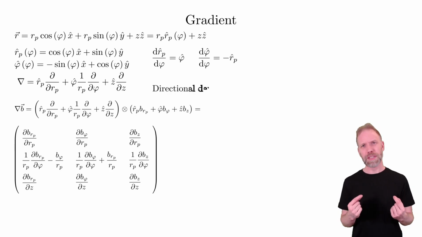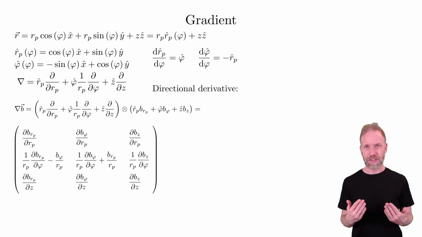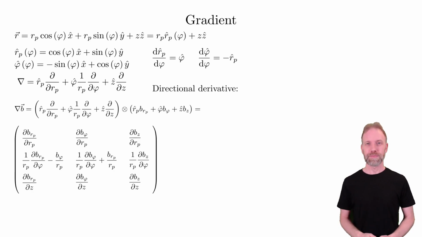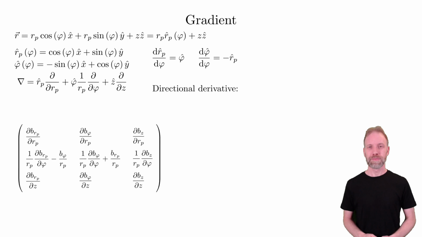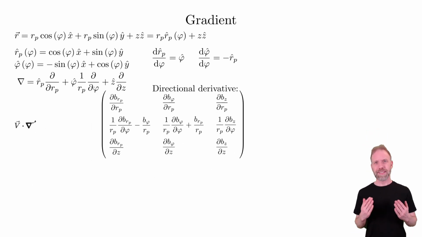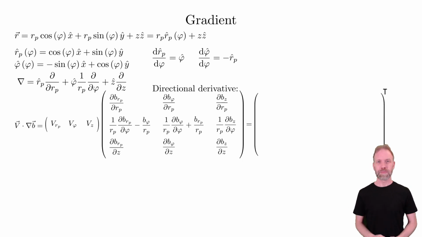A related topic to the vector gradient is the directional derivative of a vector in cylindrical coordinates. Let's say we want to calculate v dot nabla b, where nabla b is our vector gradient. This will simply be a matrix multiplication between v and the vector gradient.